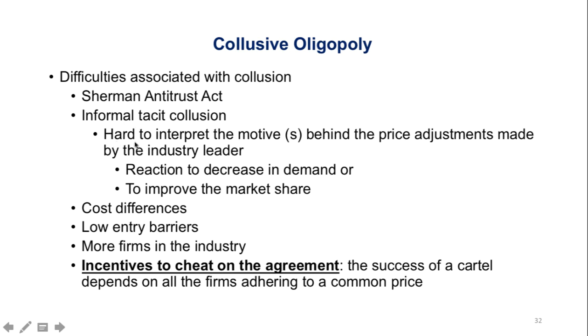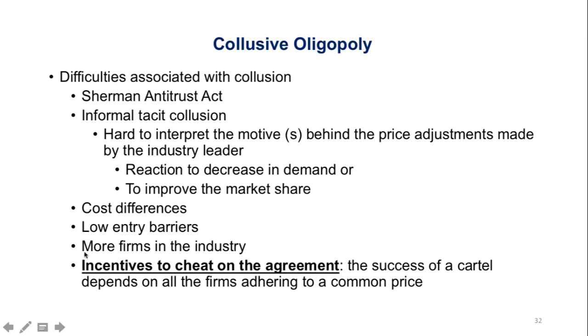It is very difficult to interpret the motive behind the price adjustment made by the industry leader. The other firms have to decide whether this change in price was a reaction to a decrease in demand, or because the leader firm changed the price to improve its market share.